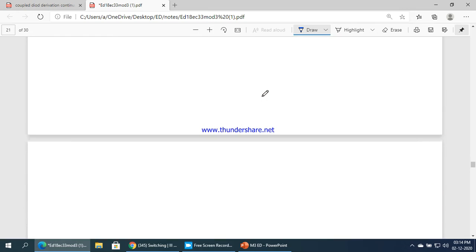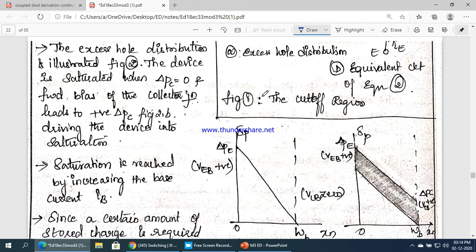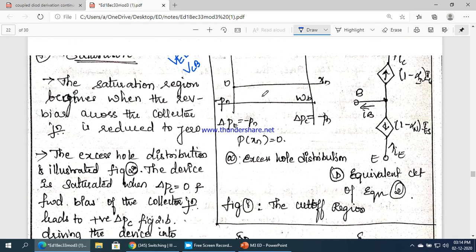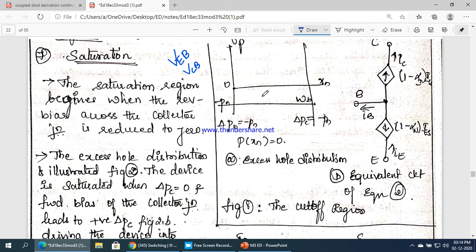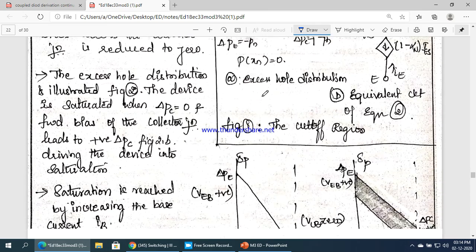So in order to operate the BJT as a switch, that is an on switch, we need to operate the BJT in the saturation region. How can we make a BJT operate in saturation? The saturation region begins when the reverse bias across the collector junction is reduced to 0.